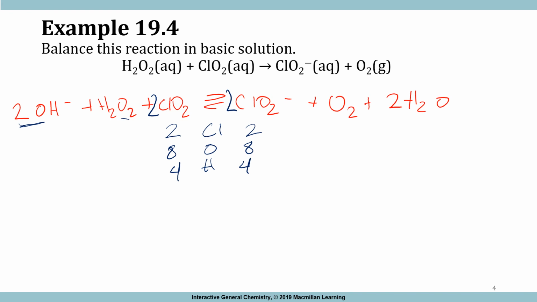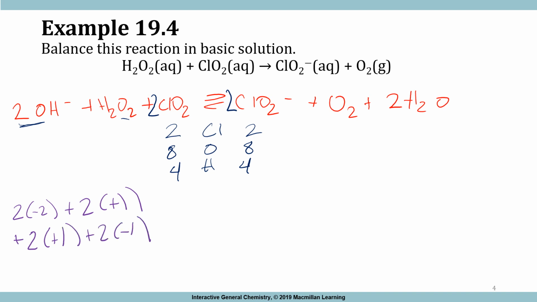Let's just double check the charges. So we have 2 times minus 2 plus 1, plus 2 times plus 1, plus 2 times plus 1 plus 2 times minus 1, plus 2 times plus 4 plus 2 times minus 2.